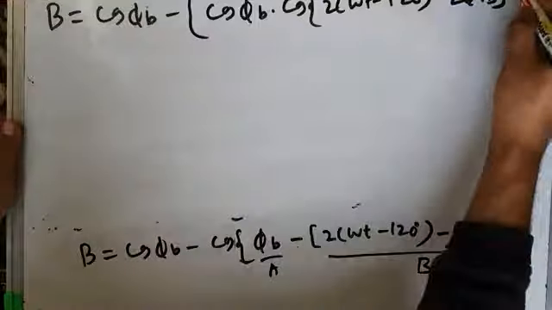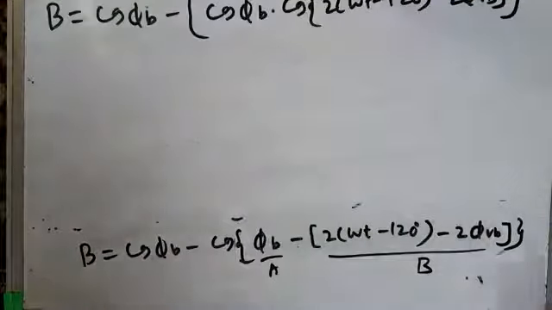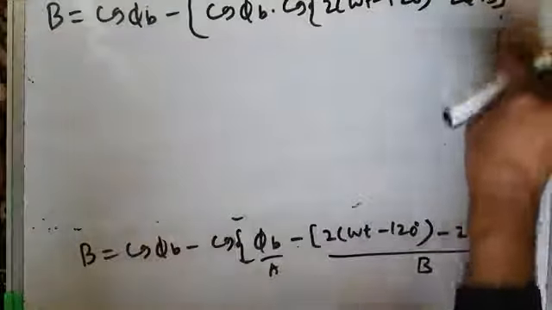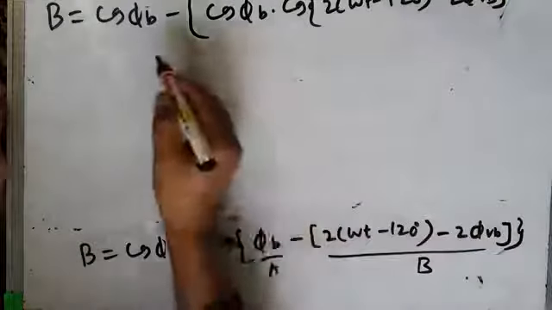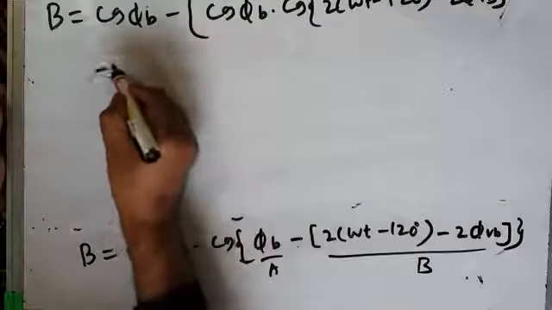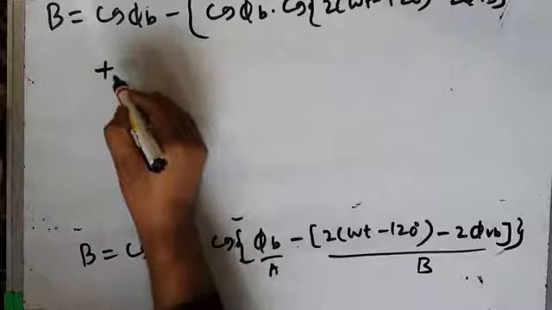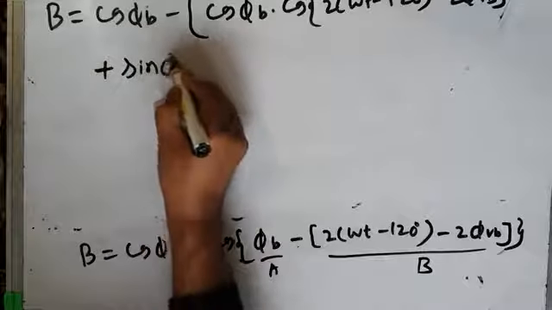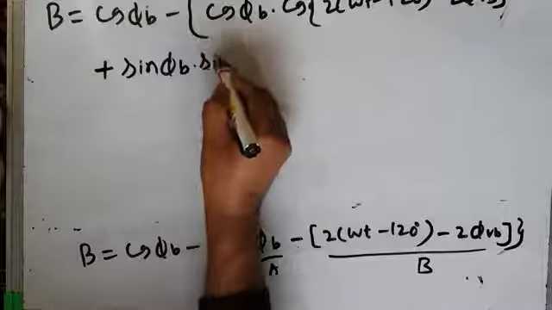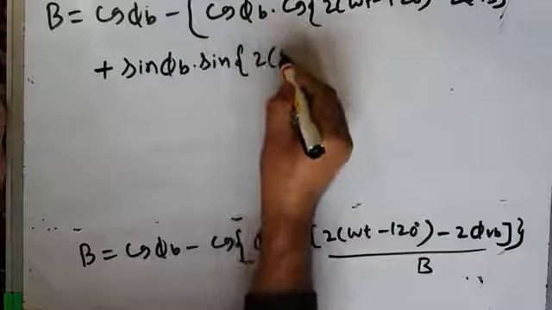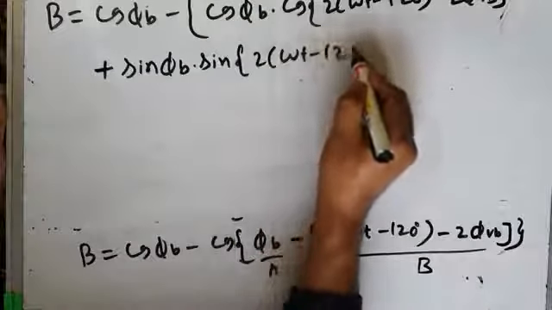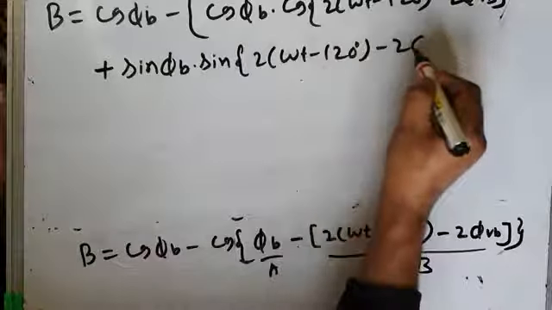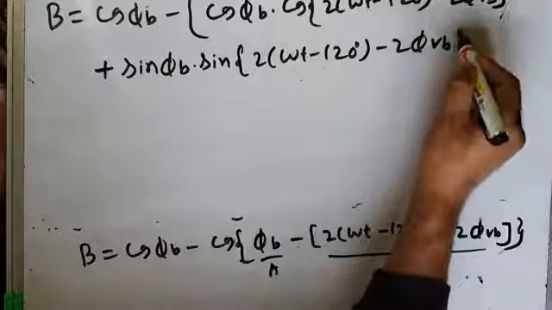Okay, minus sin a sin b, minus, plus sin a sin b. Sin a into sin b, where b is 2 of omega t minus 120 degrees minus 2 phi vb.